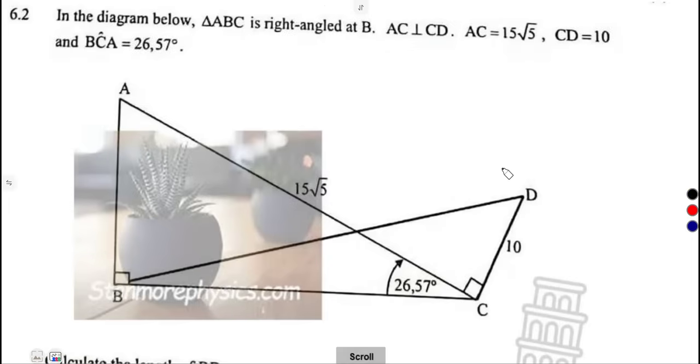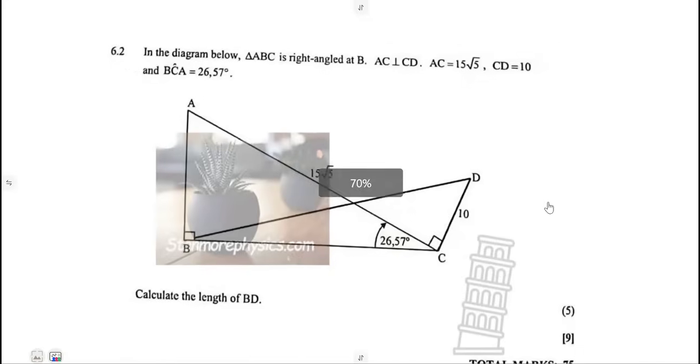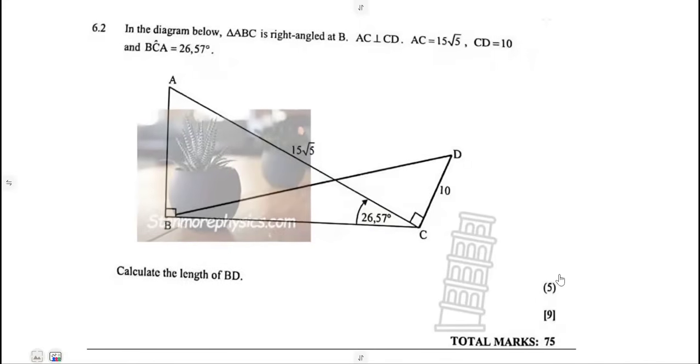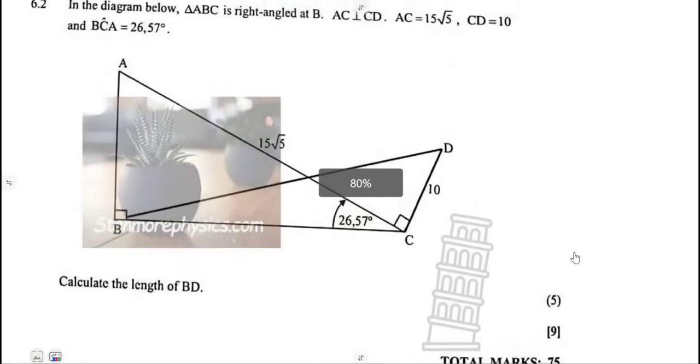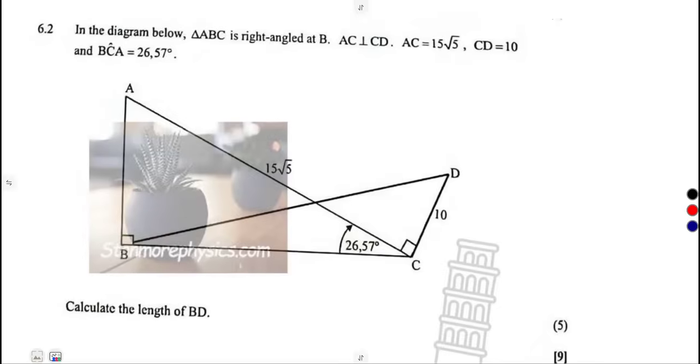That's exam, all right? On another part, we are given in the diagram below a right-angled triangle, which is ABC. ABC is right angled at B. And also we are told that AC is perpendicular to DC.